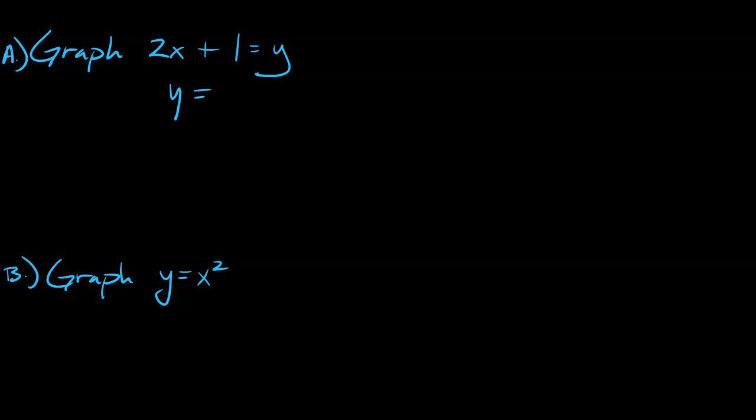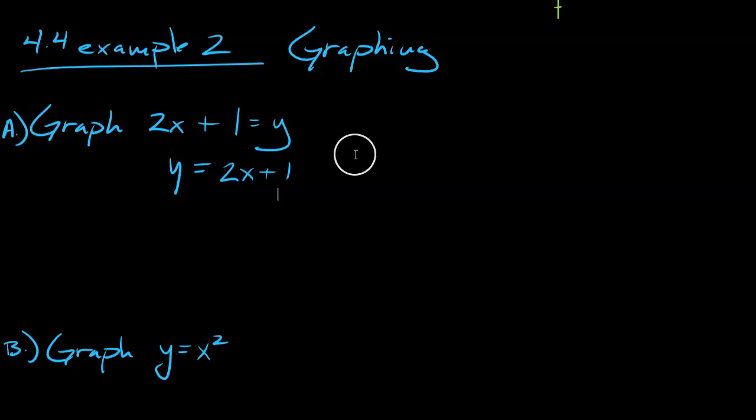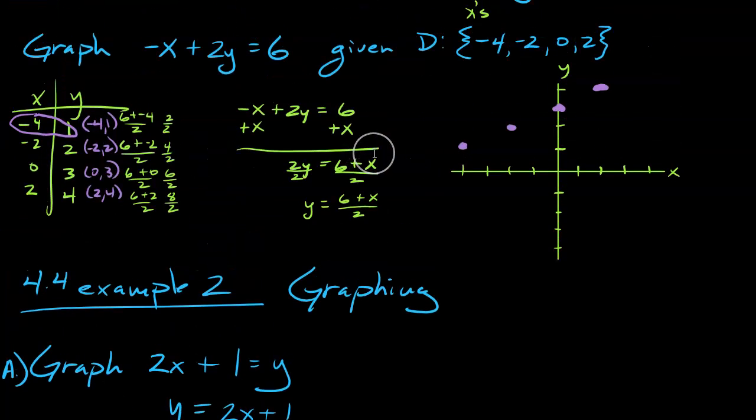Yeah, no, you were correct, this one is actually already solved for y. So that definitely is true. The main difference is that you're not given numbers to use. Like if I go up to this first example, we were told what numbers to use, and so we were told what numbers to make the table with.